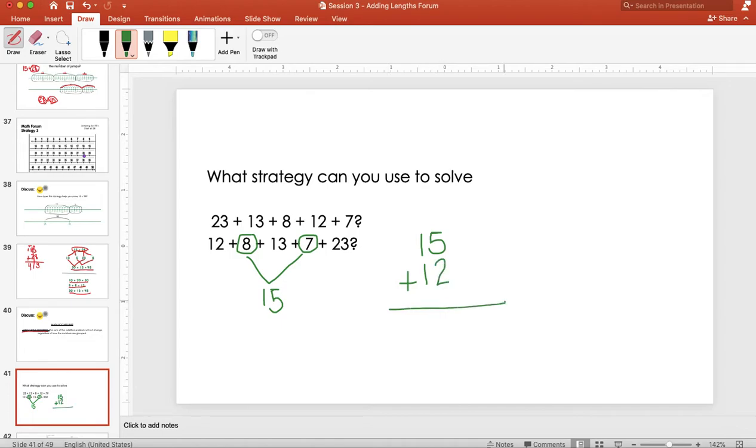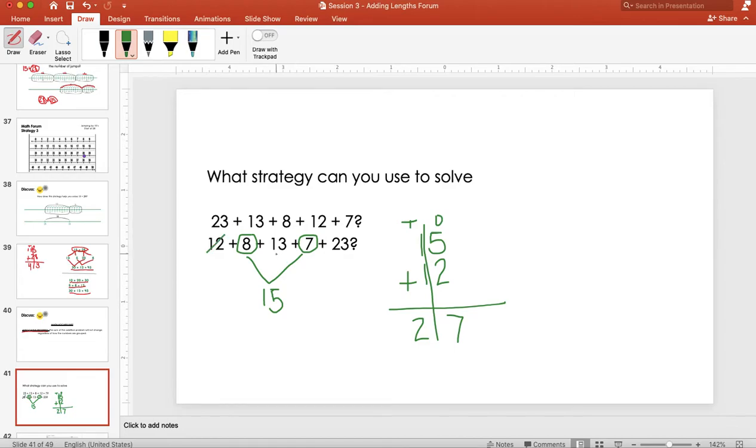You can do this on a number line. You can break them up however you need to do. I like stacking it like a hamburger. So I have my 1 spot, my 10 spot. 5 plus 2 is 7. 1 plus 1 is 2. So now I know 15 plus 12 is 27.